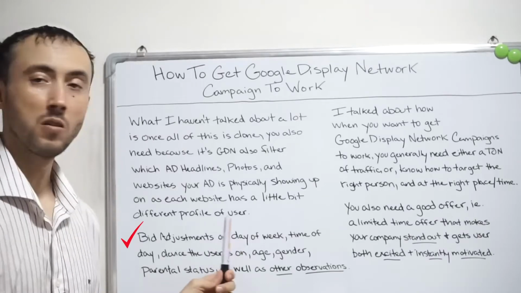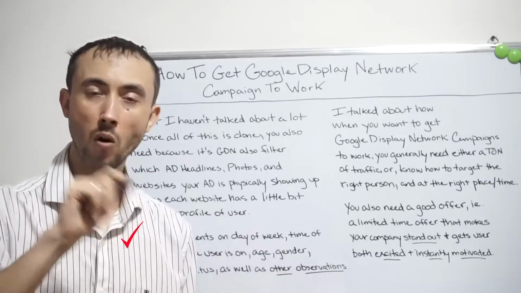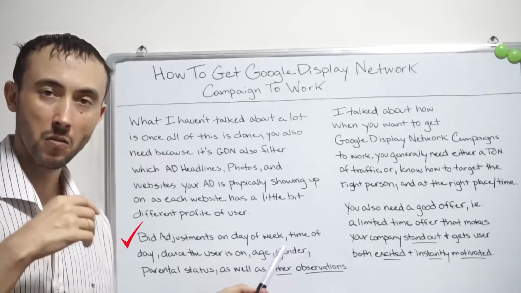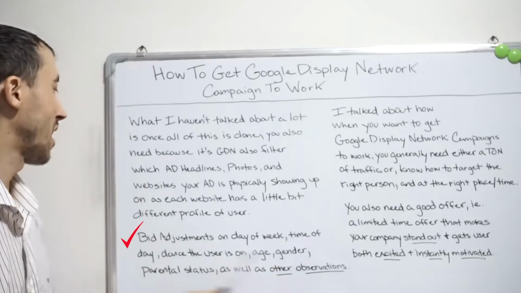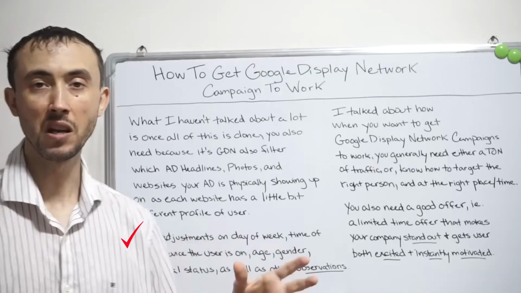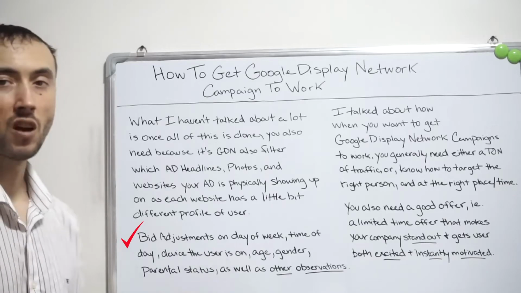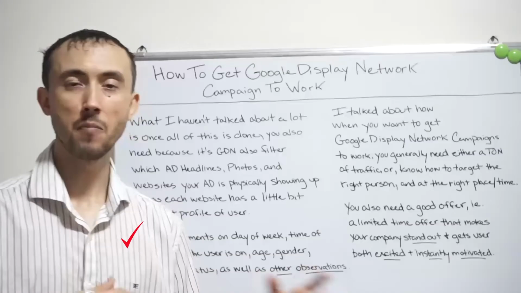Namely, you can adjust how much you're willing to pay, more or less, based upon what day of the week the ad should show up, or the time of day. Is it morning, afternoon, evening? The device the user's on: mobile versus desktop or tablet?